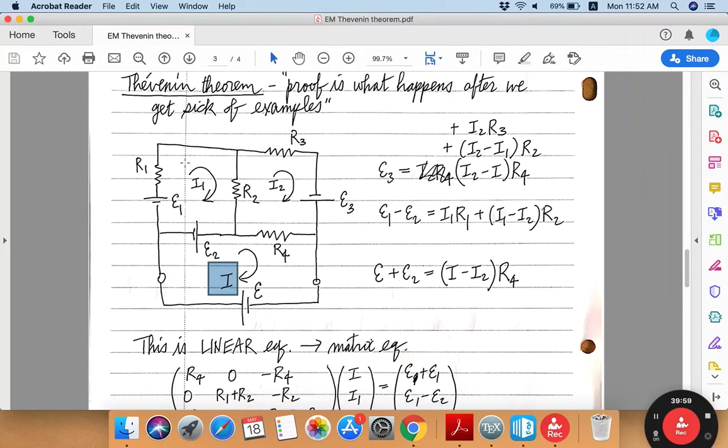Well, that's obvious because you have 3 loops and each loop gives you an equation, and so there will be 3 equations in total and 3 loop currents, which are the unknowns. Okay, so in this way, you can obviously convince yourself that the number of loop current variables and the number of equations must always go hand in hand.